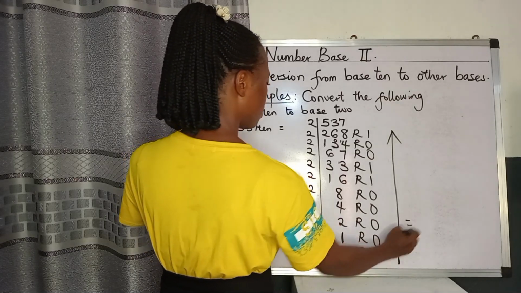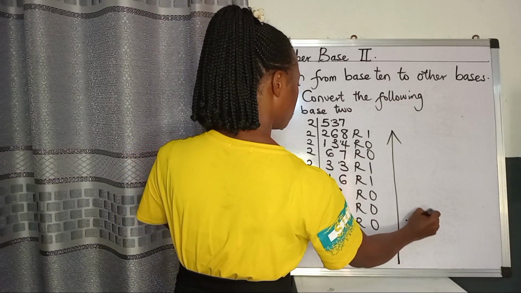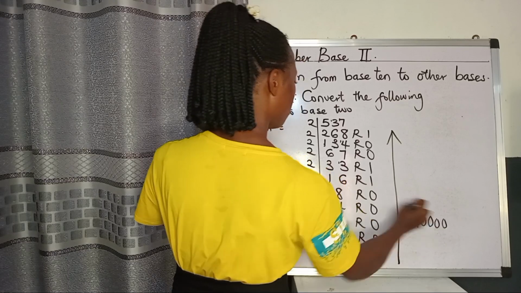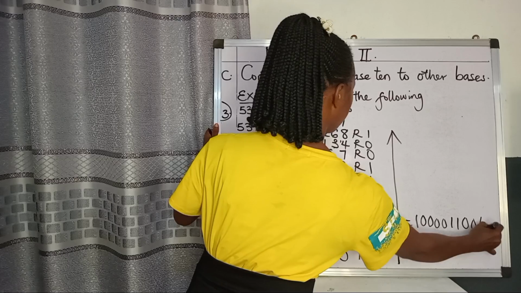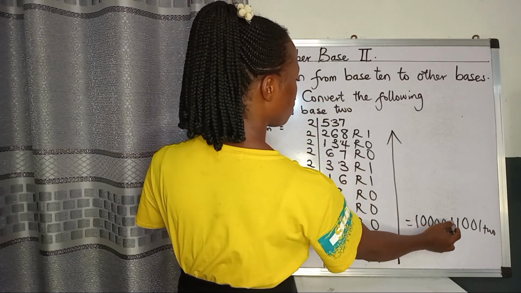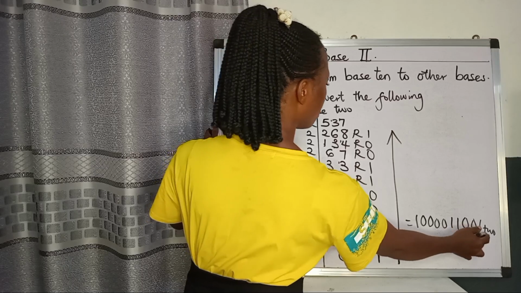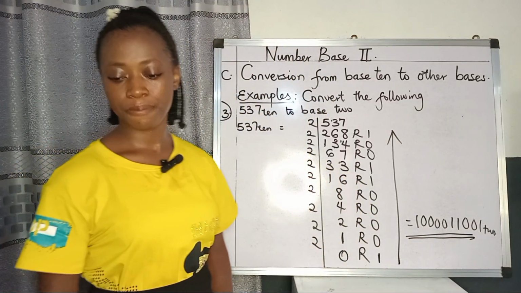So our answer is equal to 1 0 0 0 0 1 1 0 0 1 base 2. This is our final answer.